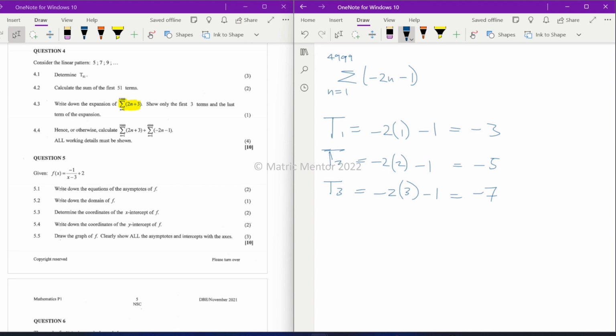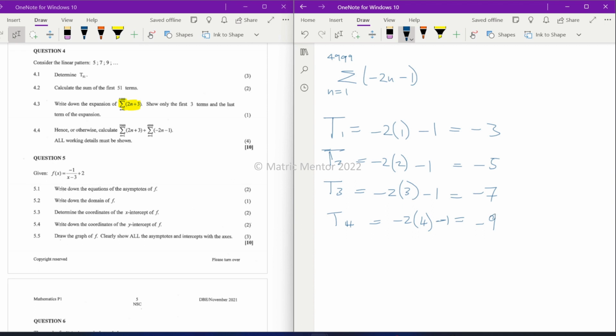And then I'm sure t4 is now going to equal minus 9, from the function that we've been given. It is an arithmetic function, so we're going to get an arithmetic series where there is a common difference between the terms, and the common difference here seems like it is -2.